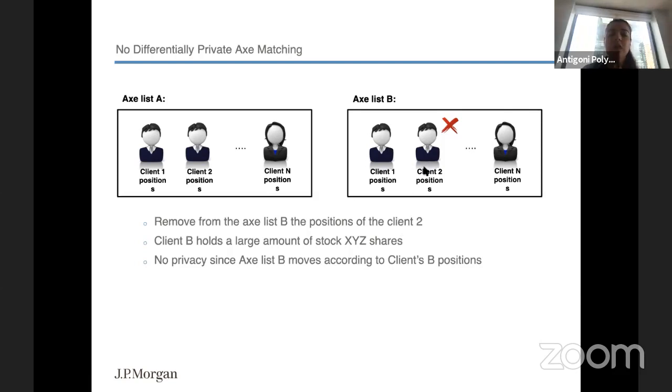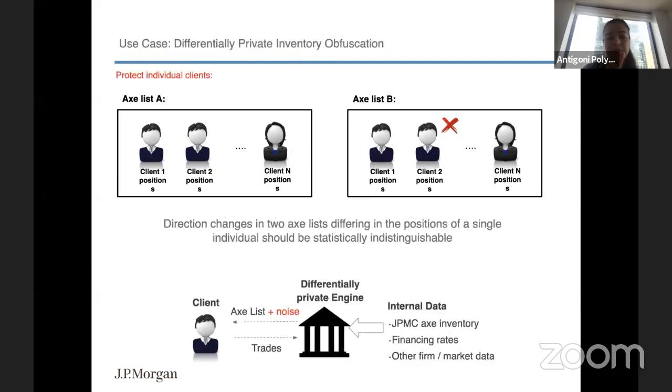Let's say client 2, that was the Apple stock, and the client was having most of the shares of the Apple stock. Now what we want to say is that looking at these two lists, whether the client's positions are included in the list or not should be statistically indistinguishable from the other set. So these two sets should be statistically indistinguishable, and I want to say here what we are hiding.